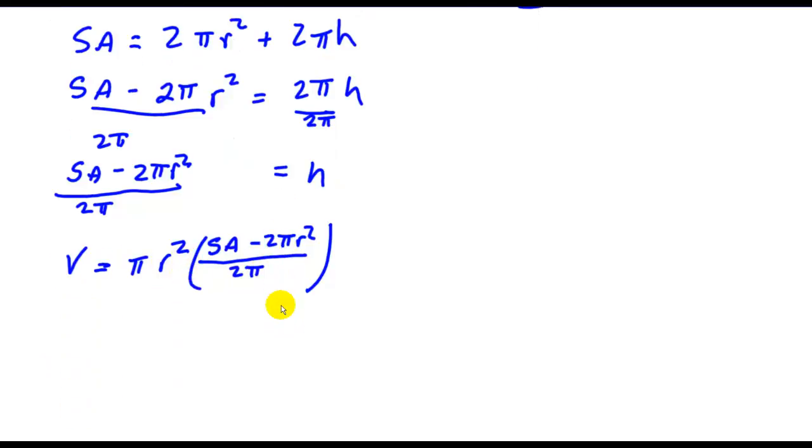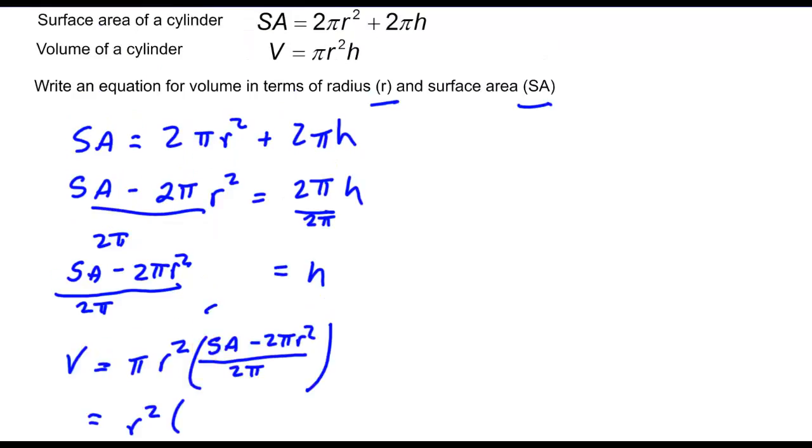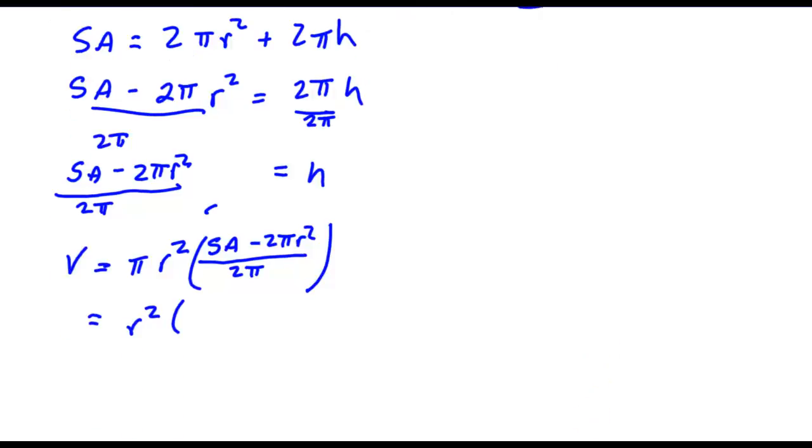The only thing I have to do is clean this up a little bit. I notice here's a multiplication, so I can do some reduction. I can reduce this pi with this pi because of the multiplicative property. So I have r squared times my surface area minus 2 pi r squared, all over, since the pi is reduced, 2.